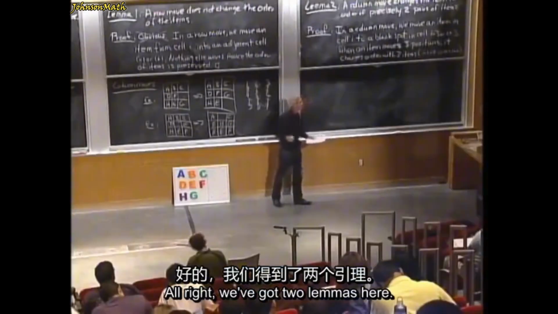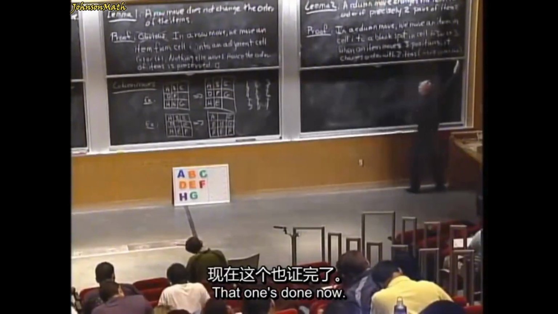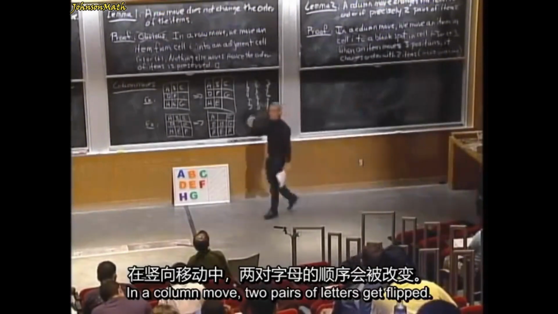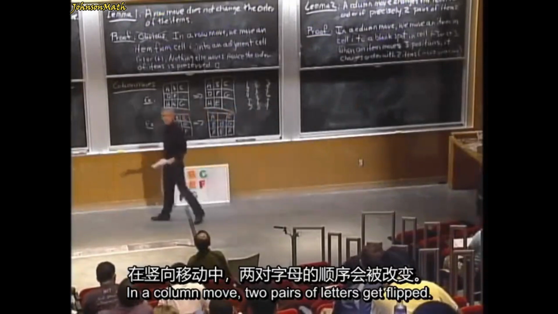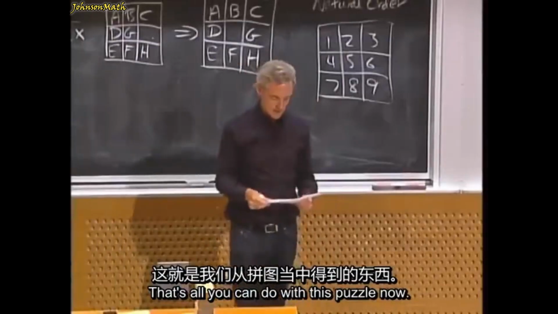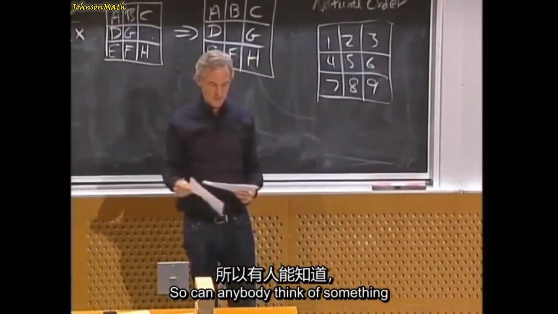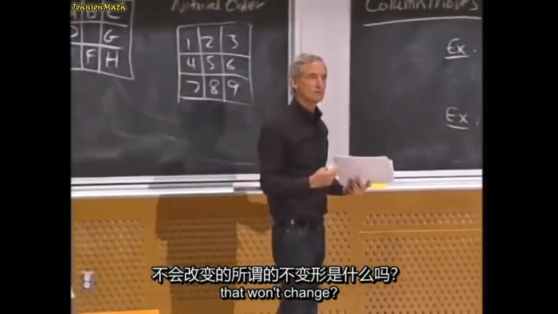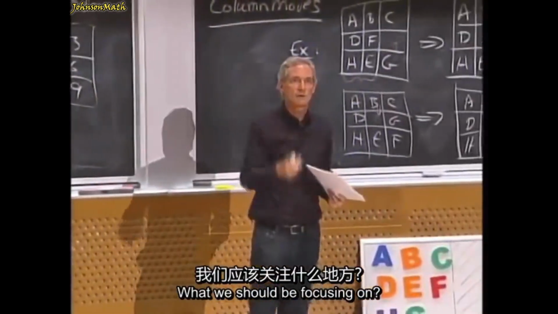All right, we got 2 lemmas here. That one's done now. In a row move, order does not change. In a column move, 2 pairs of letters get flipped. That's all you can do with this puzzle now. So can anybody think of something we can work with to get an invariant here? Something that won't change. What we should be focusing on. Yeah?